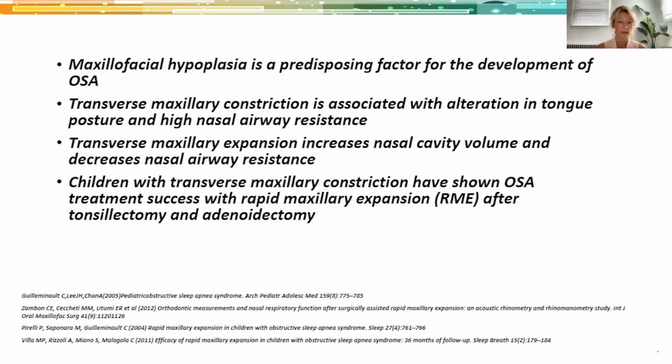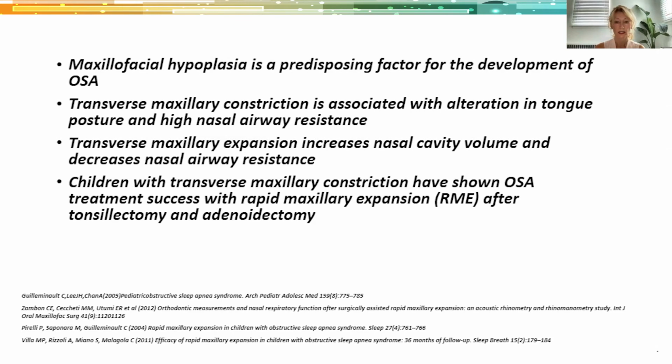That nasal airway resistance, I mentioned, creates more negative pressure in the pharynx and that potential for collapse. Transverse maxillary expansion increases nasal cavity volume and decreases nasal airway resistance. Children with transverse maxillary constriction have shown OSA treatment success with rapid maxillary expansion after tonsillectomy and adenoidectomy.